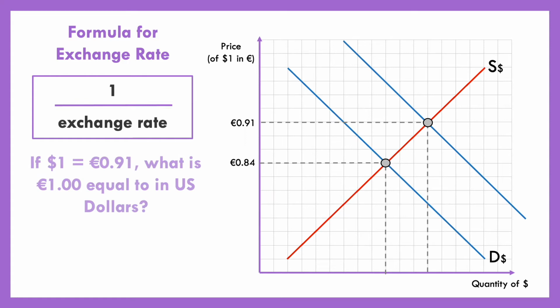And here's what we mean by that. We said that if $1 is now equal to 0.91 euros, what is 1 euro in terms of US dollars? Well, all you have to do is take 1 divided by the exchange rate. So we would take 1 divided by 0.91, and that would tell us how much 1 euro costs in US dollars. And if we do the math there, we find that 1 euro is equal to $1.10.